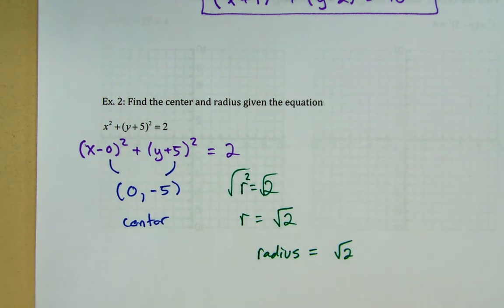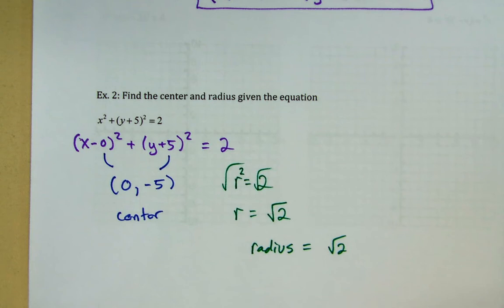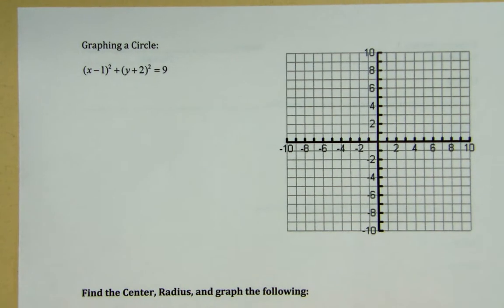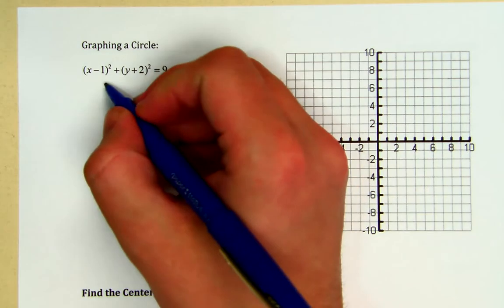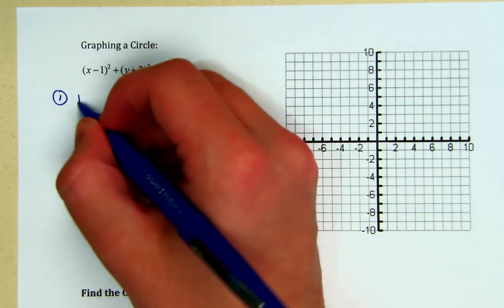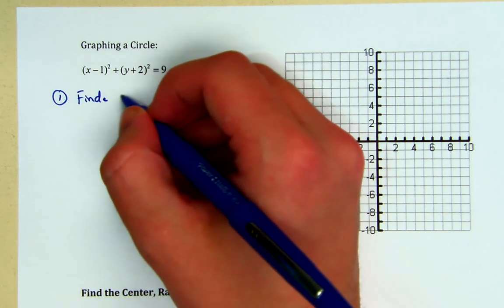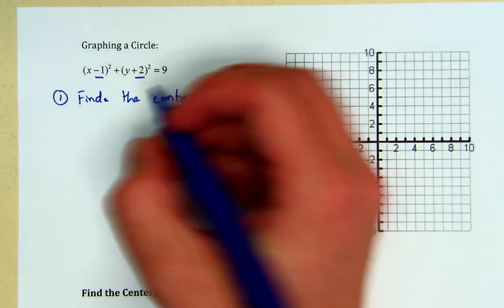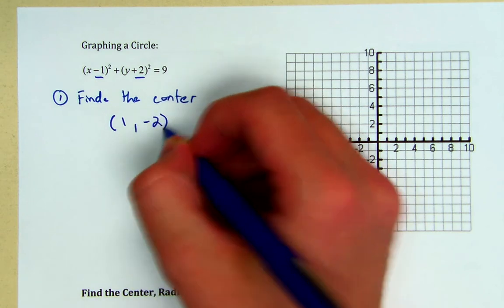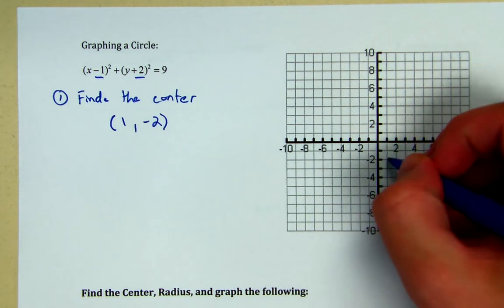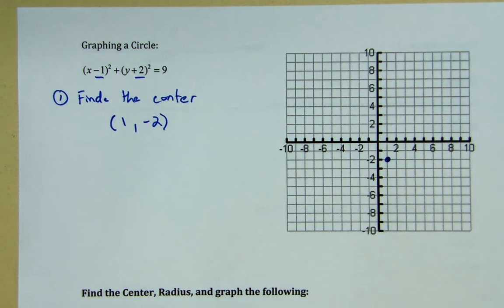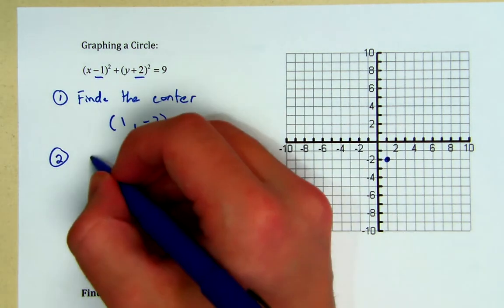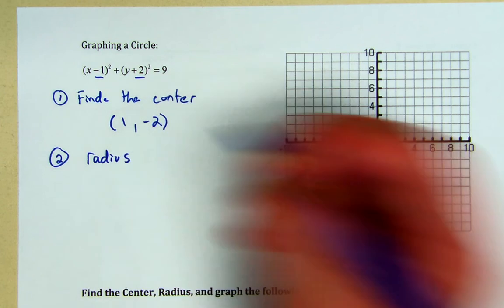So why do we want to know anything about a circle? Well, we want to be able to graph them ultimately, and knowing the center and the radius is an amazing tool for graphing. First thing when you graph a circle: one, find the center. That's our opposite values, so we get (1, -2). Go to 1, go down to -2, and plot the center. Two, you want the radius.